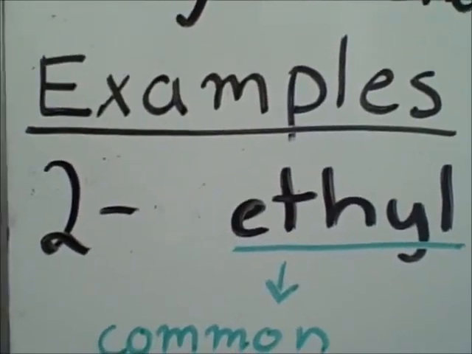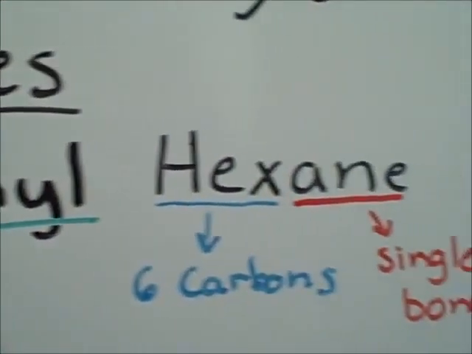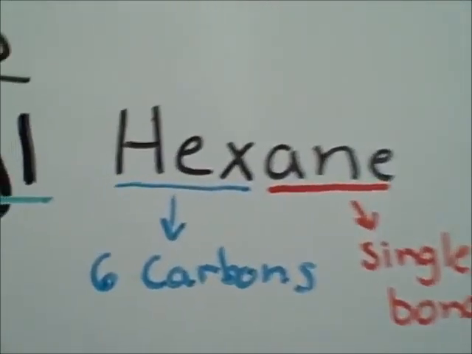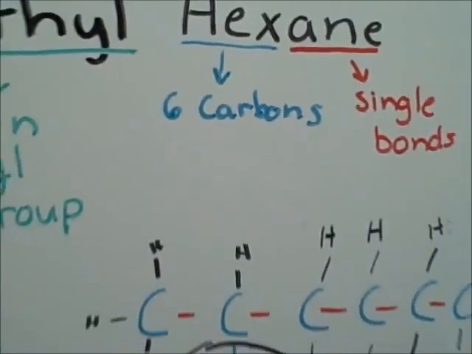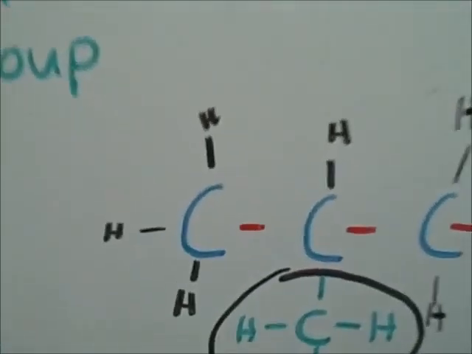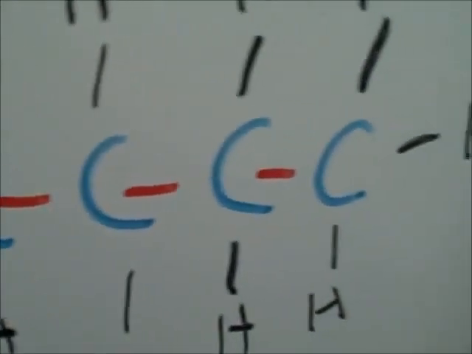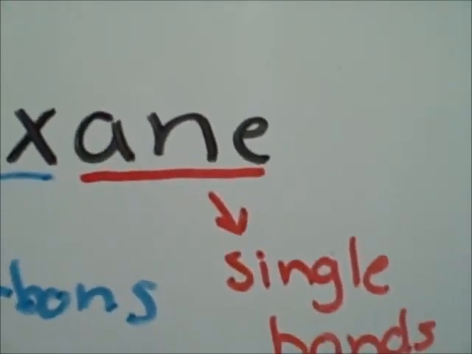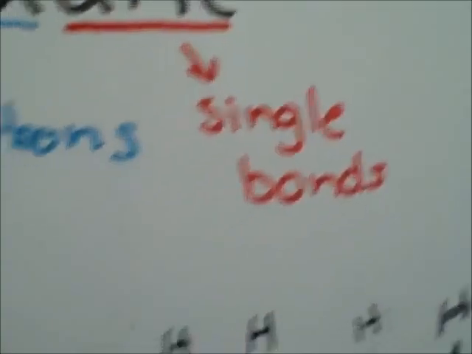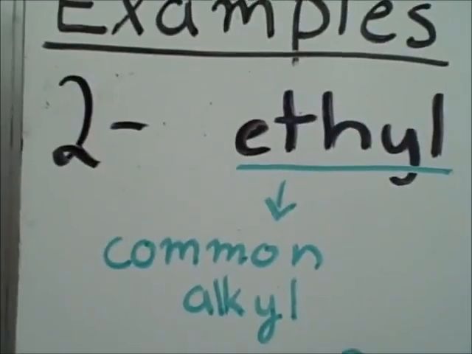For our third and final example, we have 2-ethylhexane. We're going to start here with the hex, which means that there's going to be a 6-carbon chain down the middle, as you can see right there. And then ane means that it's going to be all single bonds between the carbons, as you can see highlighted in red in between each atom. 2-ethyl.